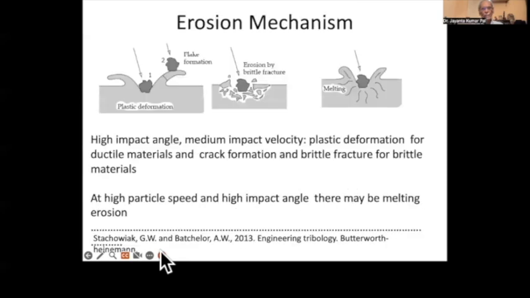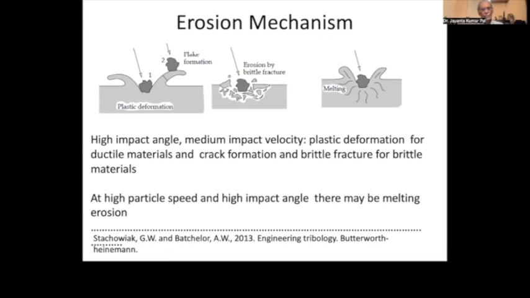Then we have high impact angle. Impact angle is high, almost vertical, and the velocity is medium. Then there will be something like plastic deformation here, and the plastically deformed portion hit by another particle will produce a flake.